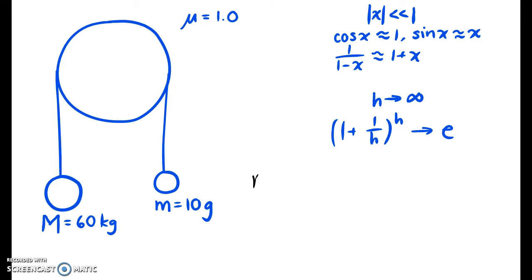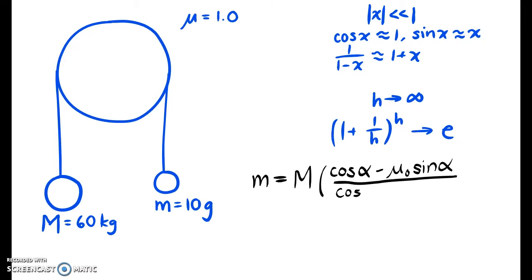So the relationship we found was that small m is equal to large M times this coefficient, cosine of alpha minus mu0 sine of alpha over cosine of alpha plus mu0 sine of alpha, and this is raised to the nth power. We also define alpha to be pi over 2n, where 2n is the total number of sides.